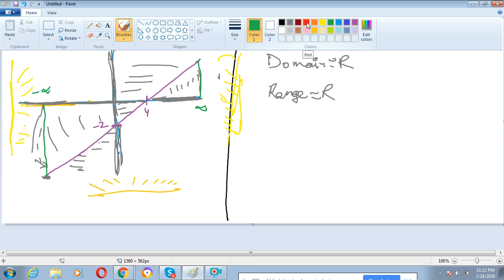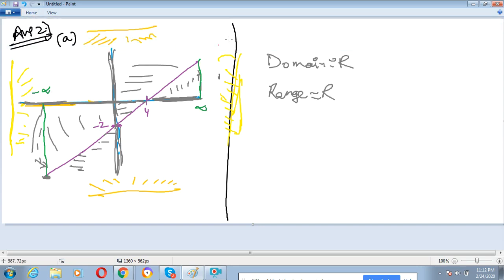Same thing you do for y: take the first point and last point on the graph, drop on the y-axis. Again, it is ranging from minus infinity, and of course this line is going up till infinity. So the range is R and the domain is also R. Understood?